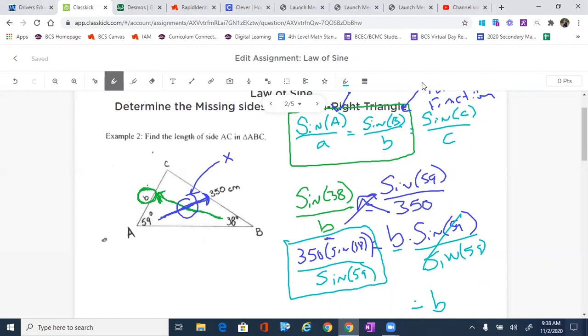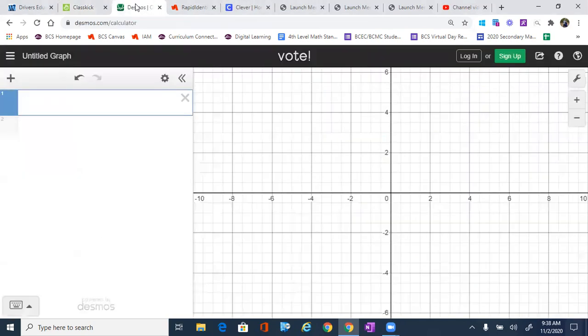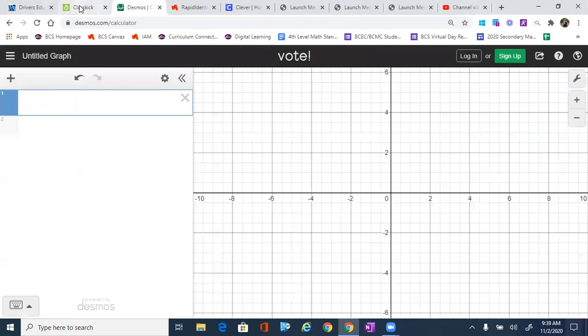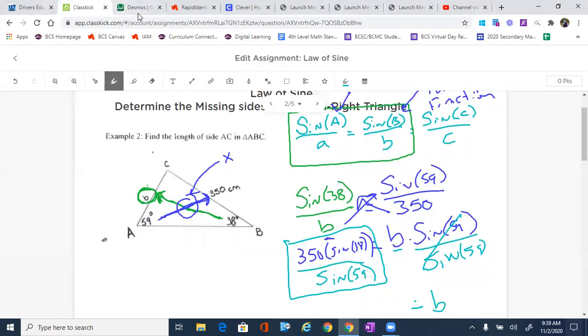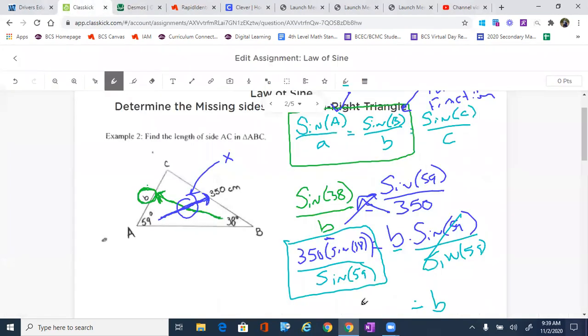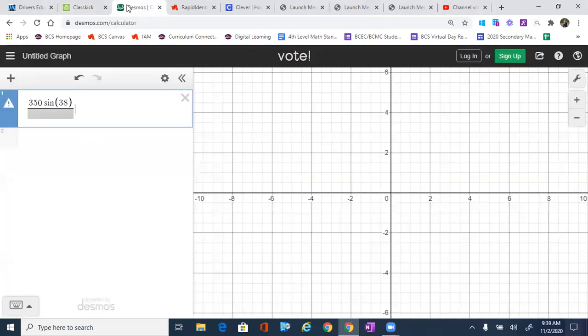Because we are talking about triangles and angles, I'm going to come over to this wrench and put this in as degrees, and make sure that is in there. Then I'm going to type in that fraction, 350 sine of 38, and divide it by the sine of 59.